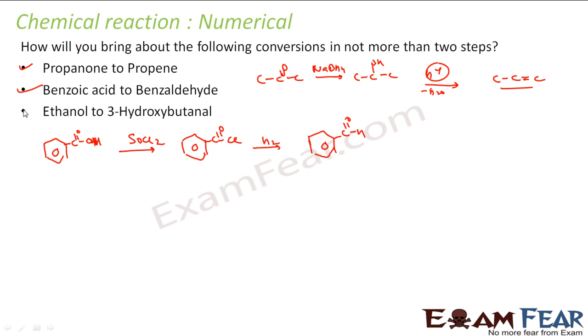The next is ethanol to 3-hydroxybutanol. This is my ethanol. To convert this to 3-hydroxybutanol, this is my butanol, and at the third position, 1, 2, 3, I have a hydroxy.